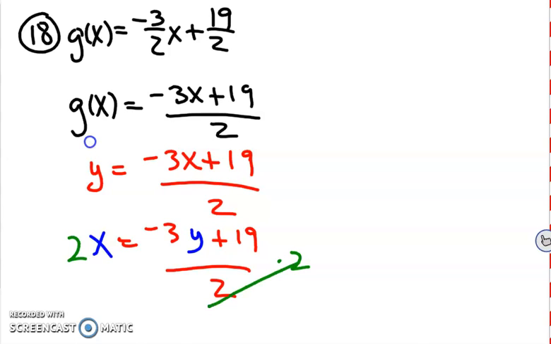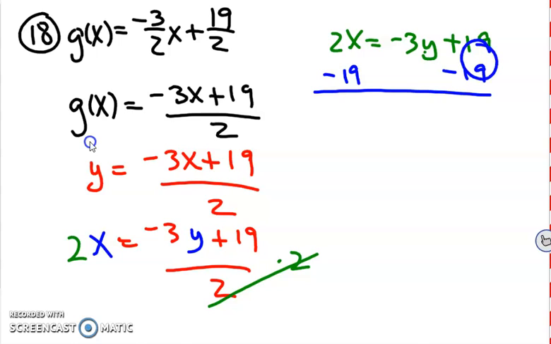So first step again, you get that division problem, so get rid of it first. Then we get about 2x is equal to negative 3y plus 19. And then from there, we're going to subtract away 19 from both sides. Equates to 0. So 2x minus 19 equals negative 3y.